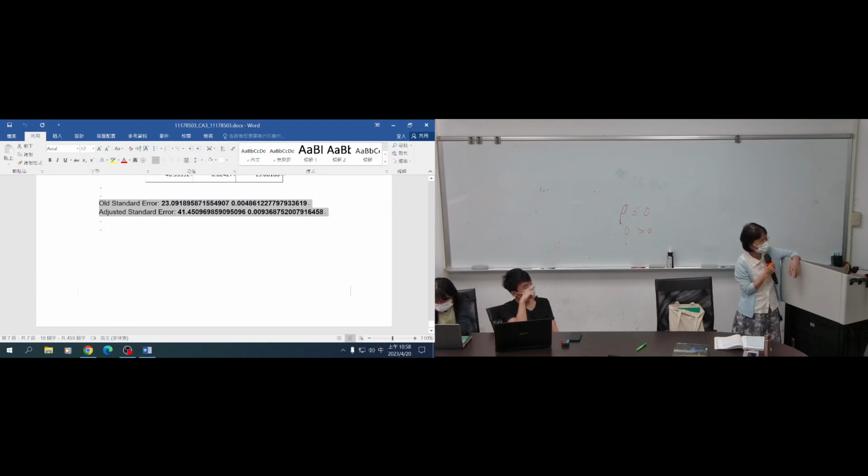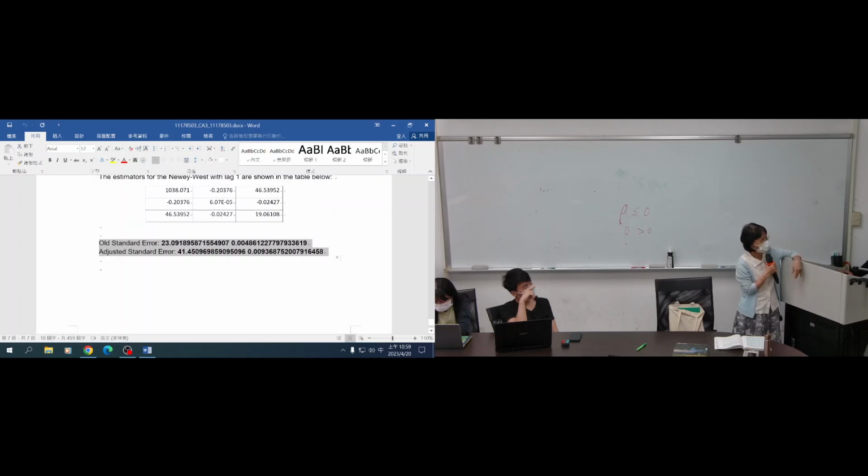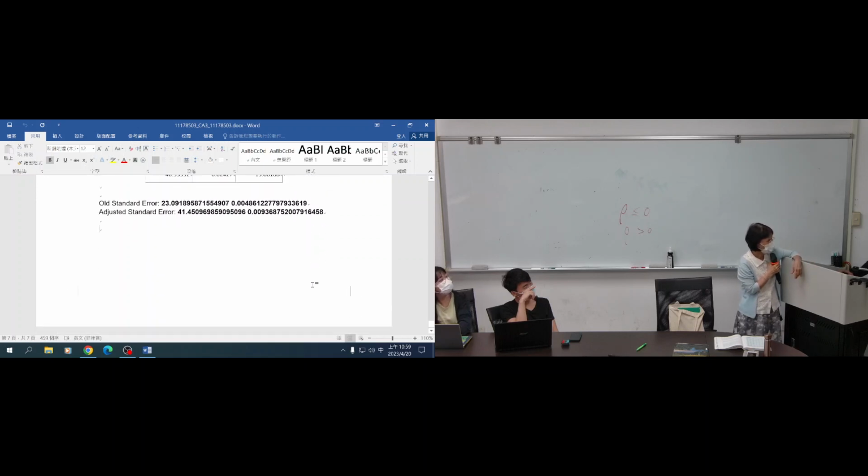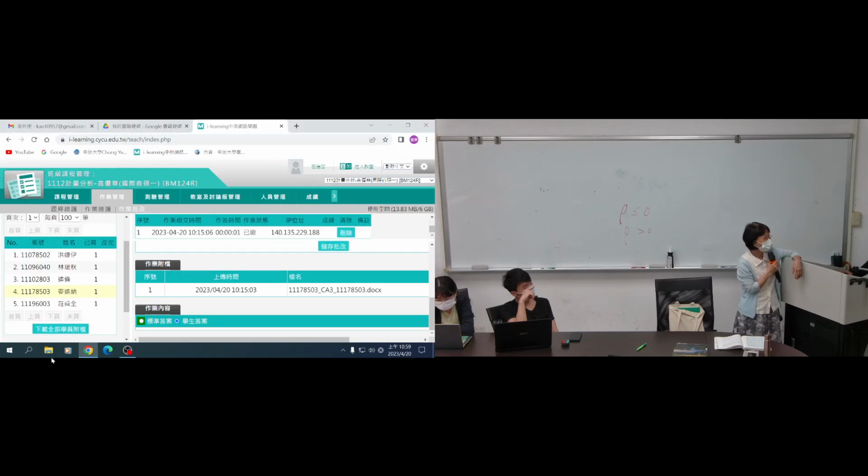So the GLS is Newey-West, right? This is called Newey-West. Then anything else? That's it. Okay. There's a lot to change. Okay, thank you. Then Steve.